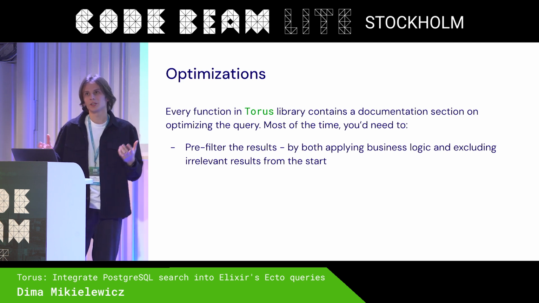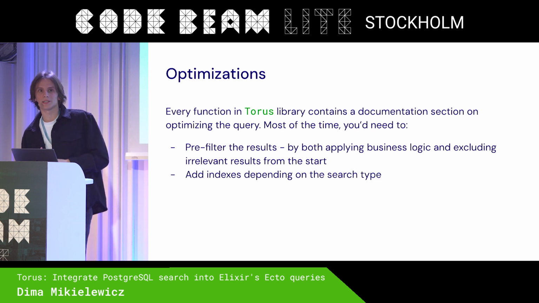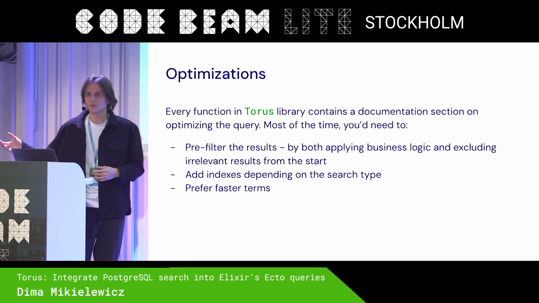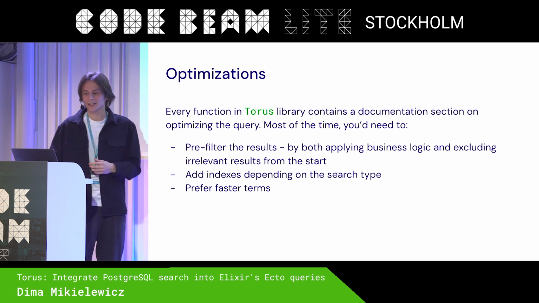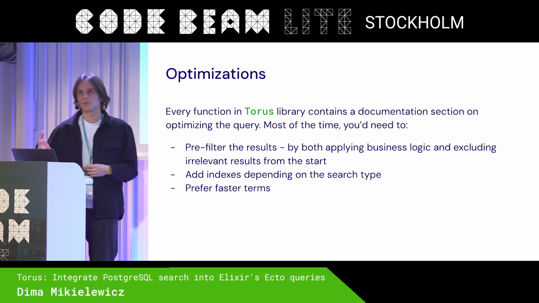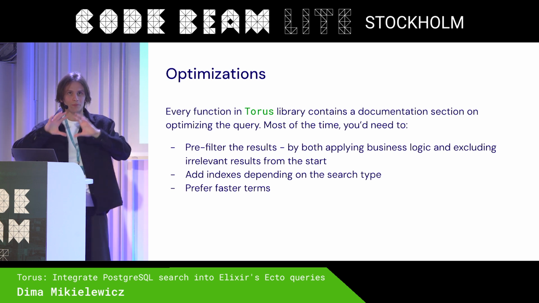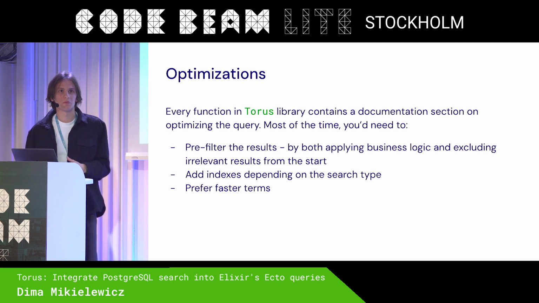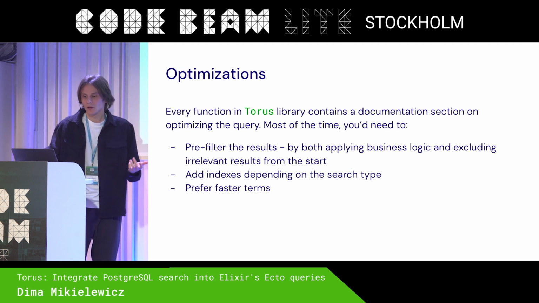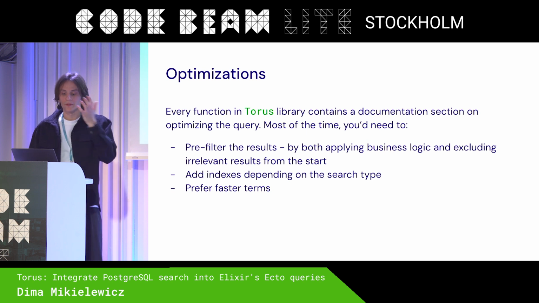So when using something like full-text search or semantic search, you can read a section on how to make it faster. Maybe you would need to add an index or pre-filter the results before applying the search. You can apply business logic, authorization, or something like that before doing any computations. Also, adding indexes.